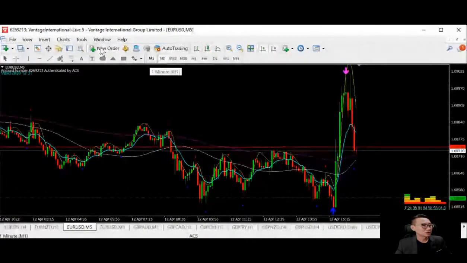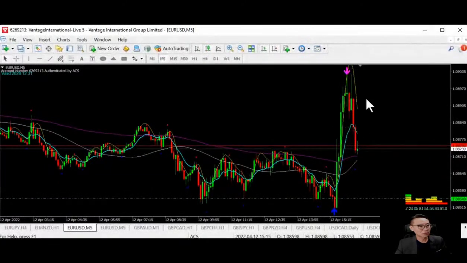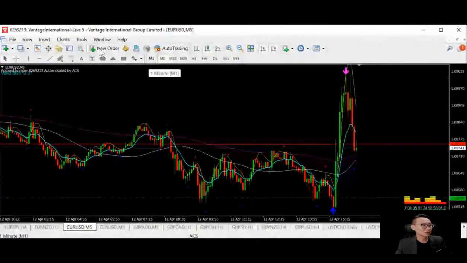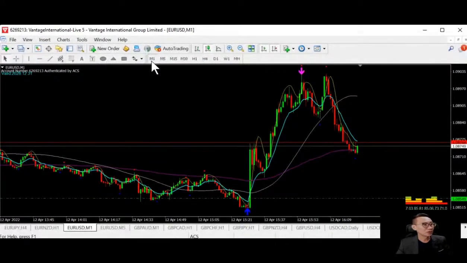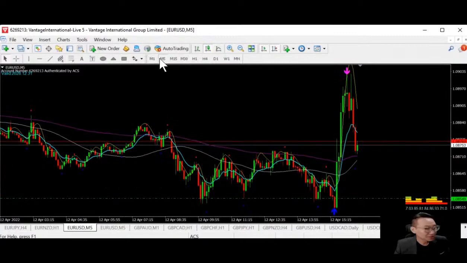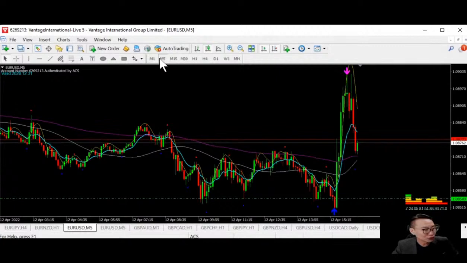It's still looking good when I see the aqua line still below the yellow line, the RML. Let's wait a little while to see. If I'm going to enter, euro dollar, we can still focus.